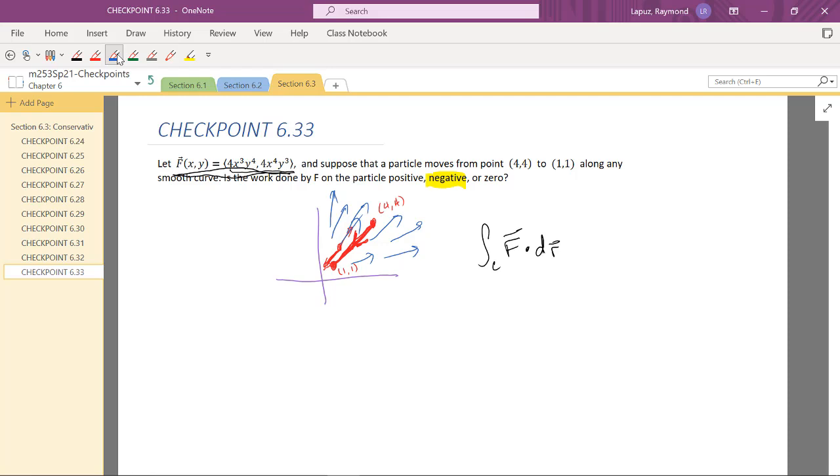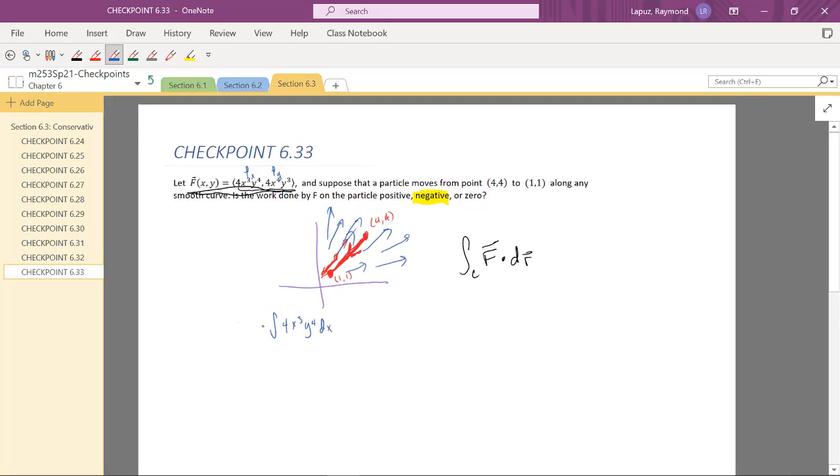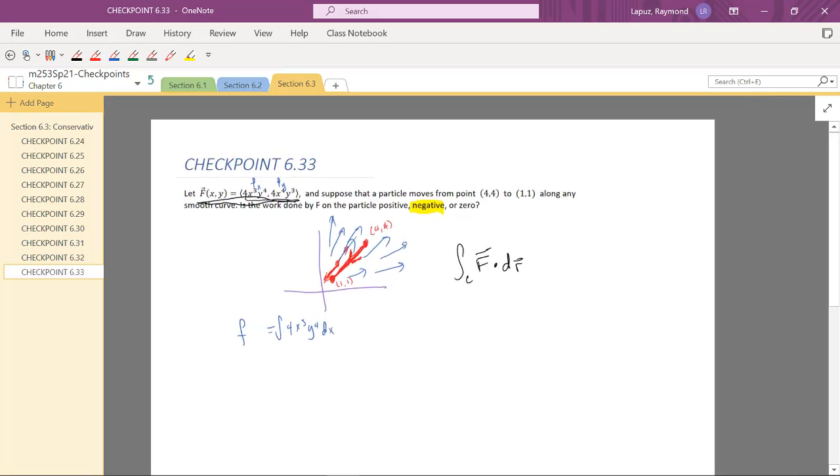So let's take a shot at finding a potential function, and that means that these would have come from a little f function whose derivative with respect to x is 4x cubed y to the fourth. And so we take the antiderivative of that with respect to x, and that should give us our potential function.